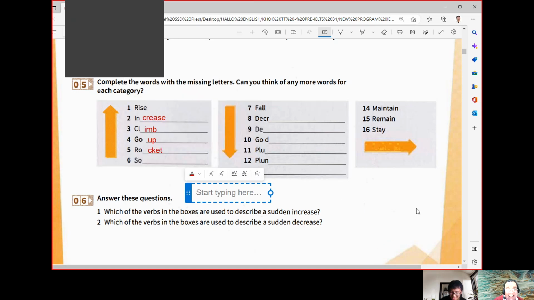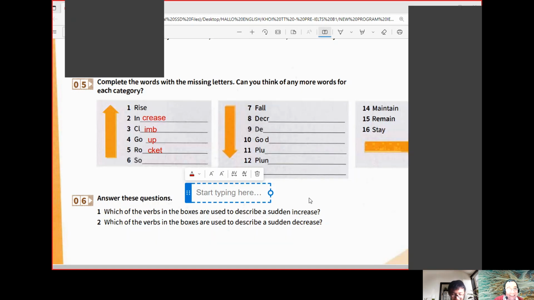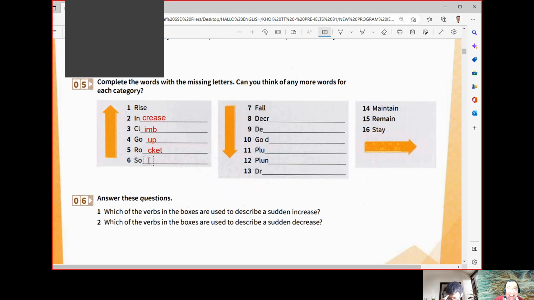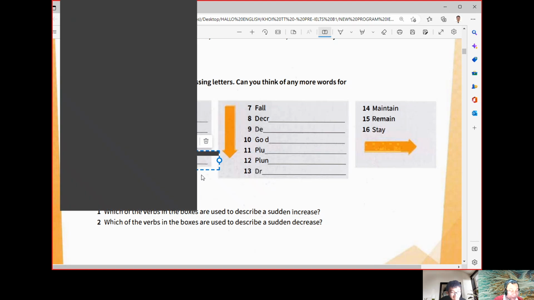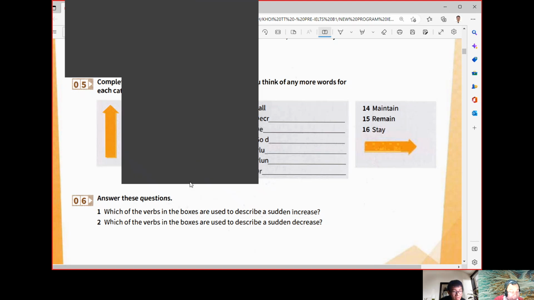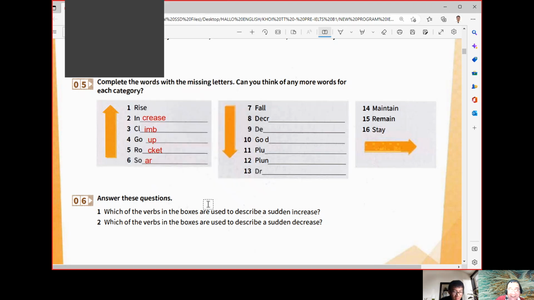Next, number 6. Followed by A, followed by R: soar.